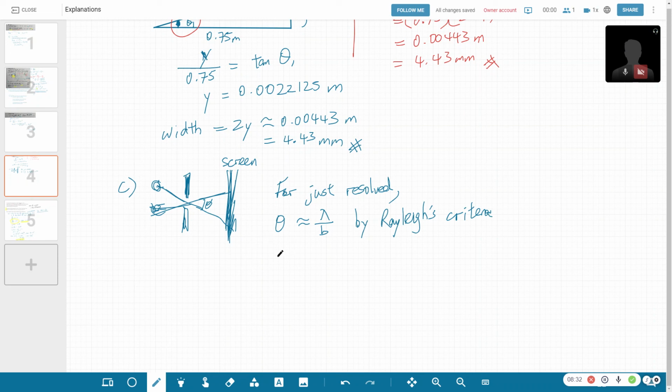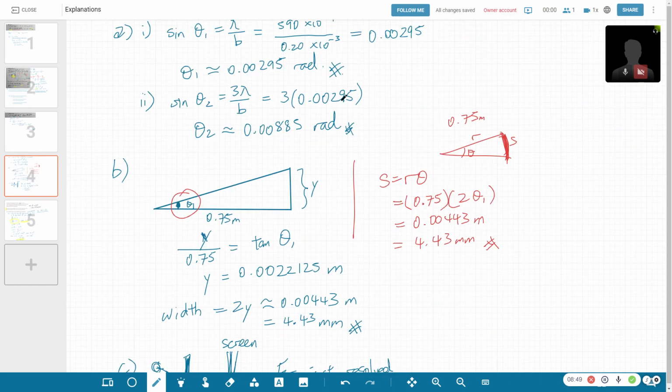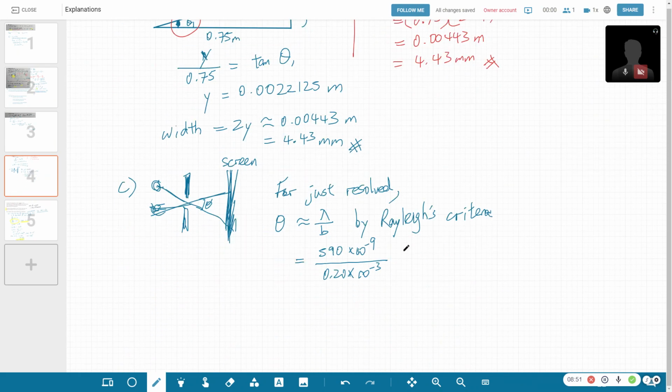So theta equals lambda, which is 590 times 10 to the power minus 9, divided by b, which is 0.20 mm. This is the same value as theta 1 earlier. They repeat the same thing. So again, this will be 0.00295 radians.